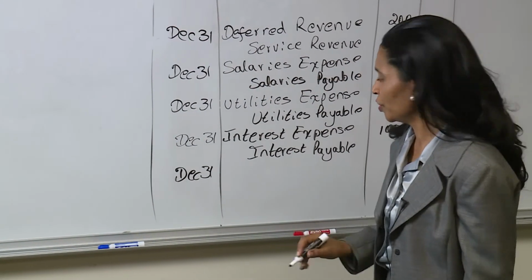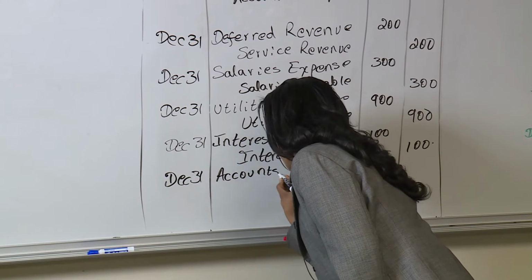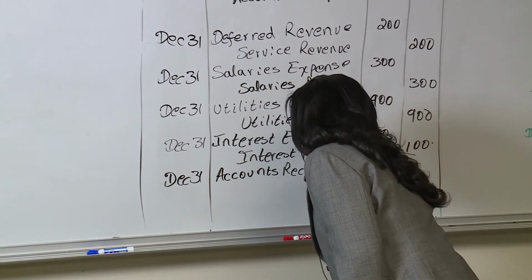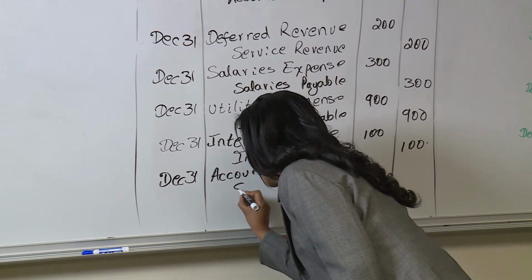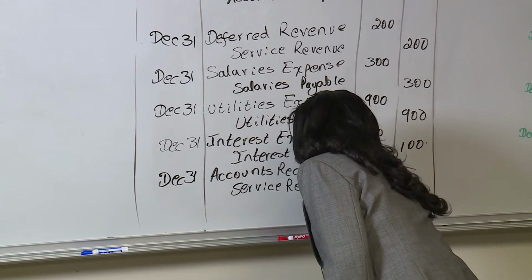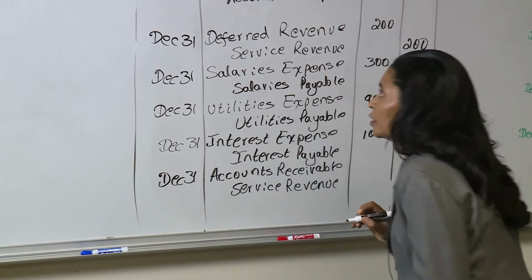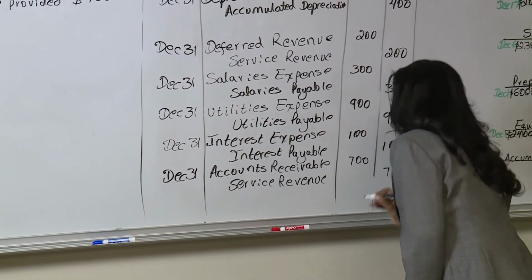The account I'm going to use will be accounts receivable, and then I credit service revenue for the $700 that we sent bill to our customers.